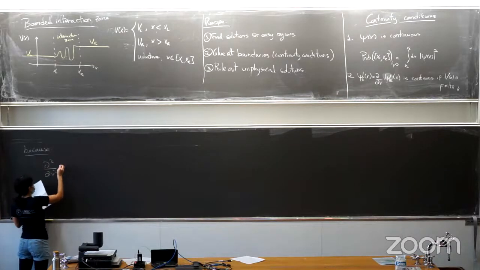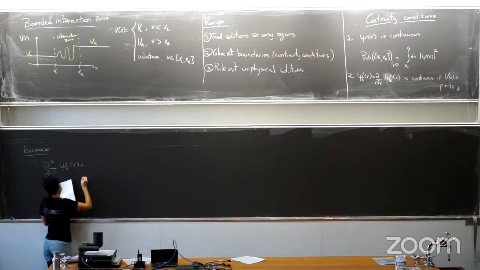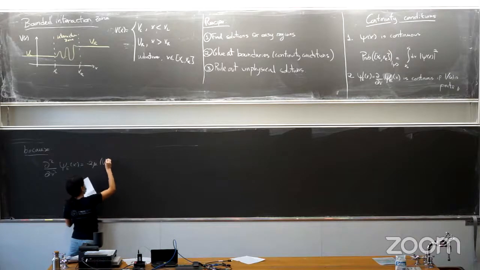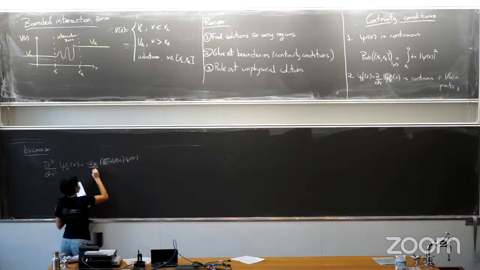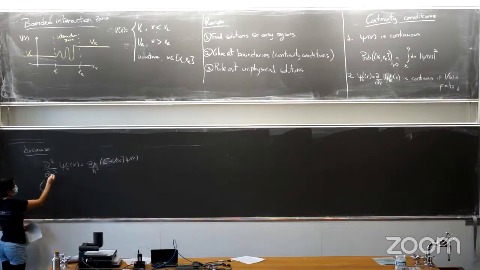The second derivative of psi is given by the equation. If you know the second derivative and you integrate it once, you get the first derivative.